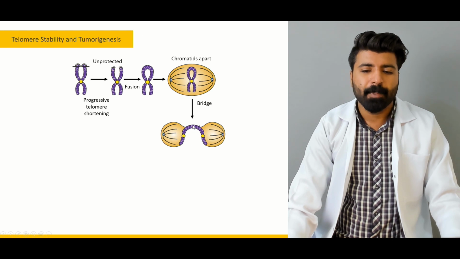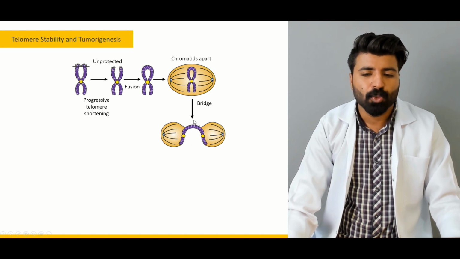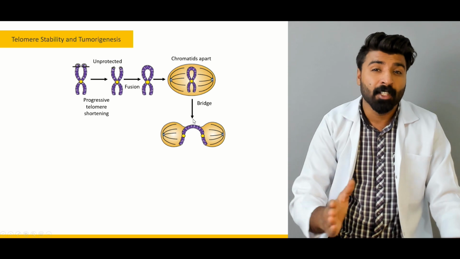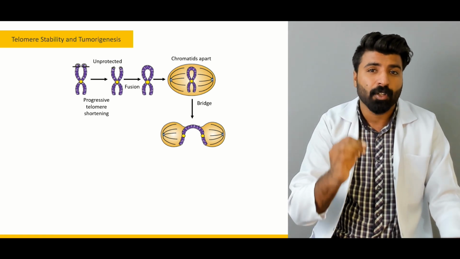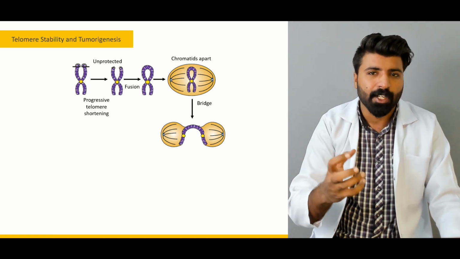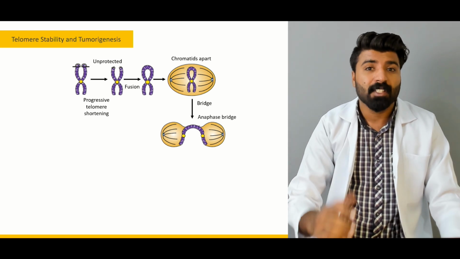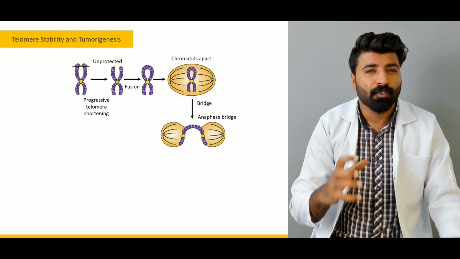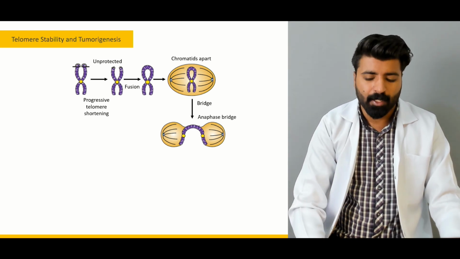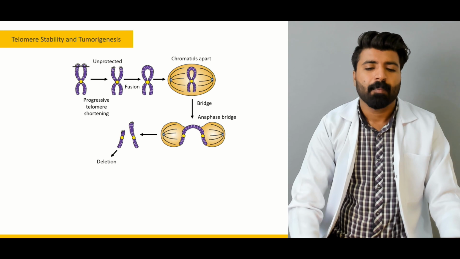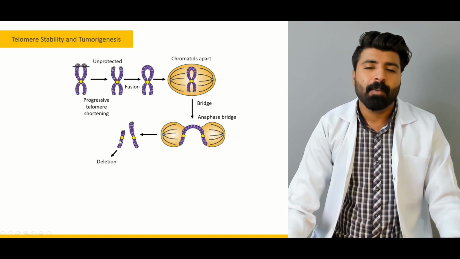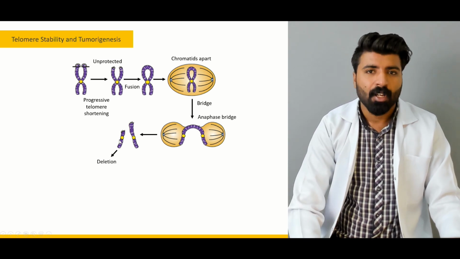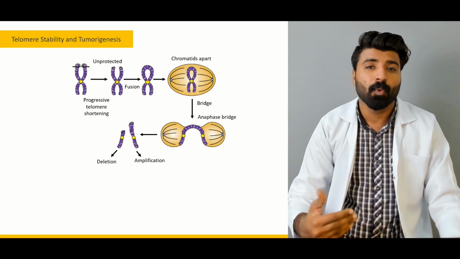What happens, there will be a bridge formation between these two, and it's supposed to be cut down right here in the middle so that both of them get equal amount of chromatin, equal amount of DNA material. But it doesn't happen so, because we're studying the neoplasias, so it won't be happening. What will be happening is that in anaphase, either one part will be subjected to deletion, or one of them will be subjected to amplification.